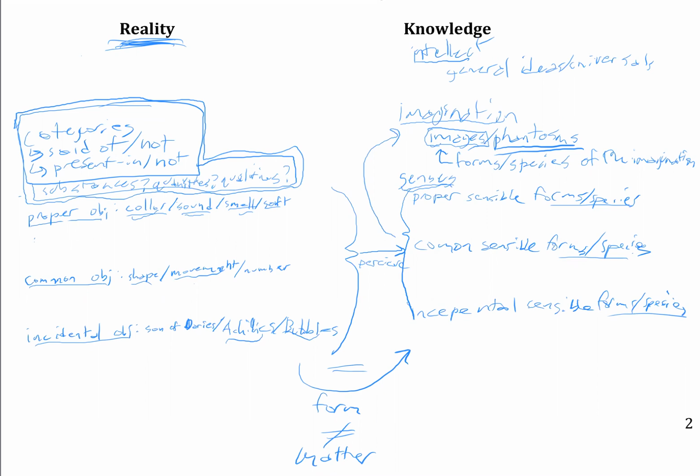So these general ideas, these universals, these concepts are going to be formed by finding what's common to several images or phantasms, and pulling out an intellectual form, species. And that happens by way of a kind of copying from the imagination. And in the next video, what I want to do is dig into this process where the intellect forms concepts and copies from the imagination, and spell that out more fully.